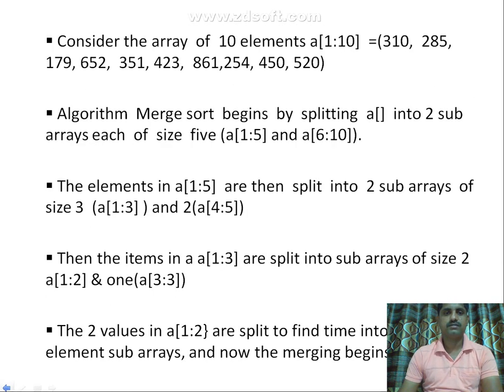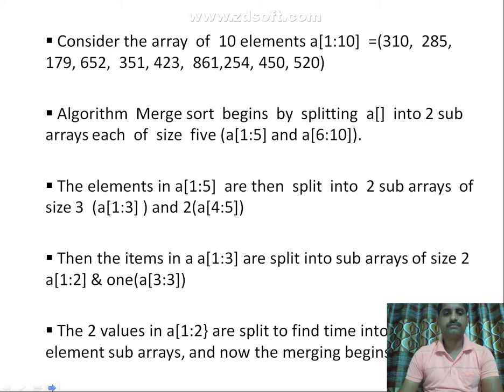See here, first the given elements are 10. We have to split into 1:5 and 6:10. First, we construct 1:5. Then 1:5 is split into 1:3 and 4:5. Then 1:3 is split into 1:2 and 3:3. Then we go for 4, 5, and it will be completed.